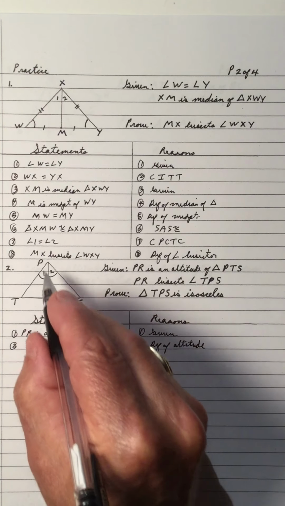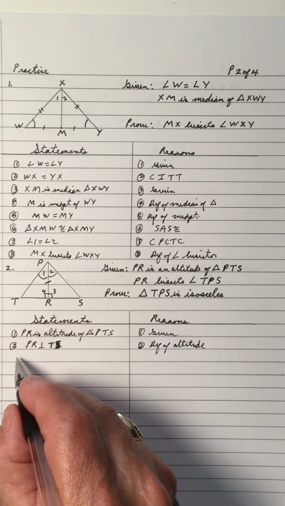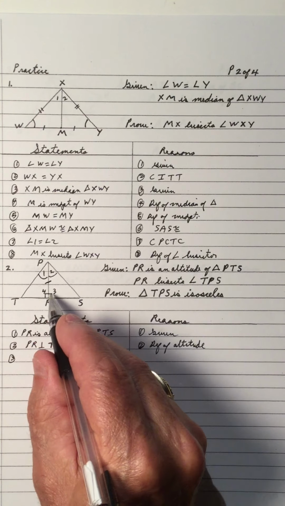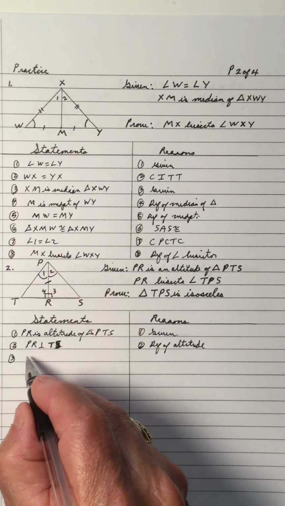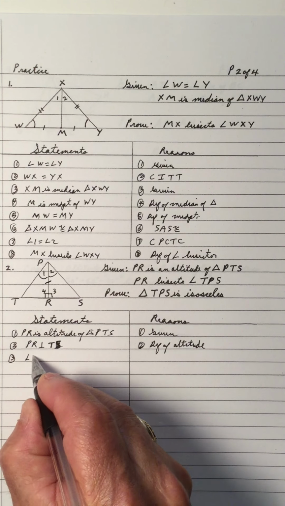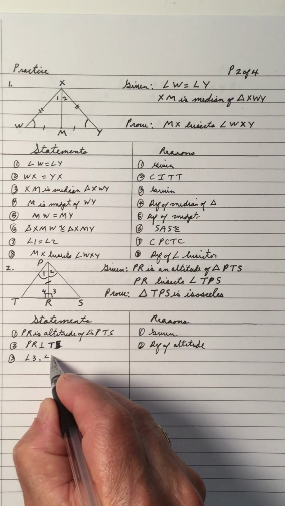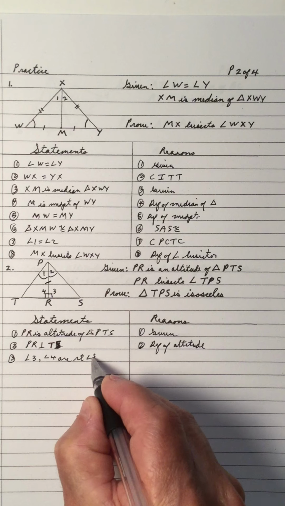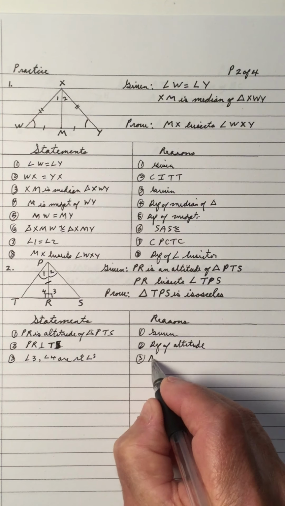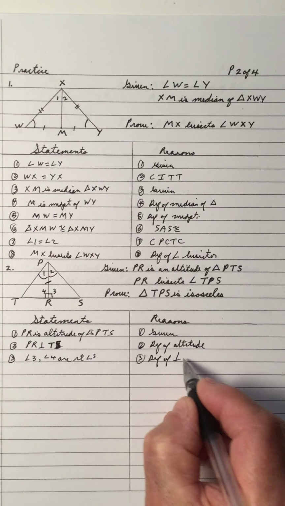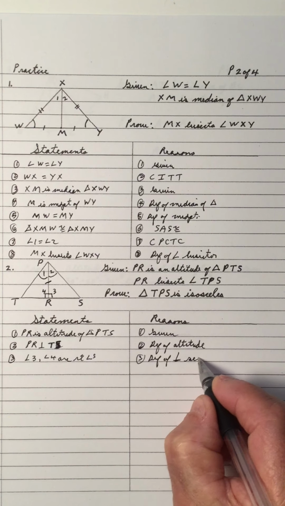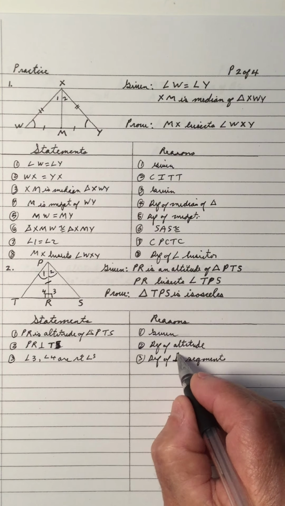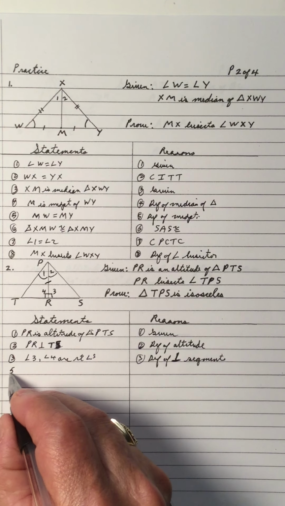An altitude leaves the vertex and goes perpendicular to the opposite side. And because they're perpendicular, that means that angle 3 and angle 4 are right angles. And that's the definition of perpendicular segments or lines, in this case segments.